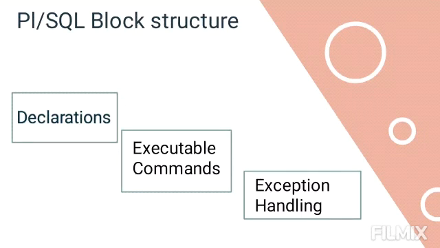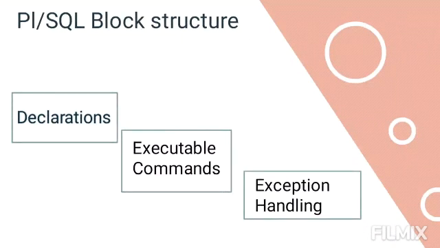It is an optional section and it defines all the variables, cursors and other elements to be used in the program. The executable command part contains the executable statements of a program. It should have at least one executable line of code.